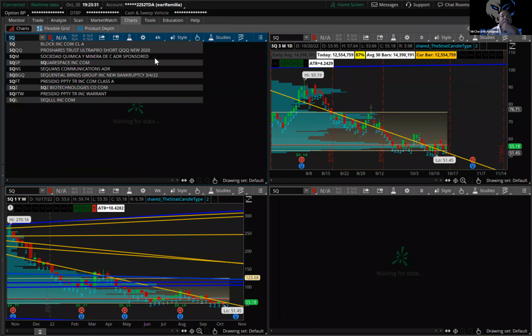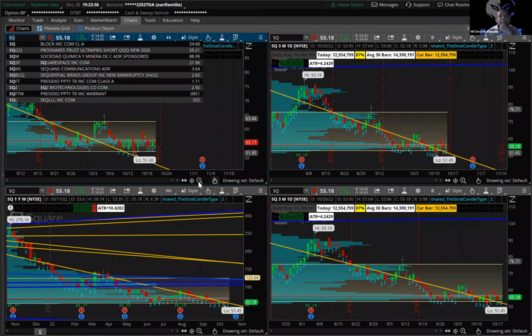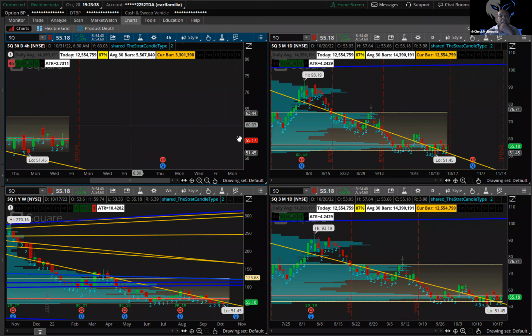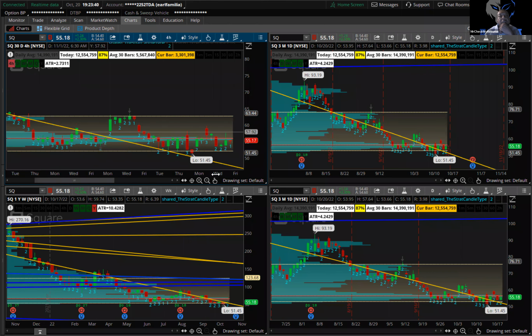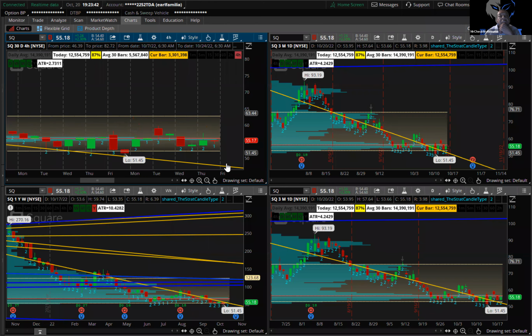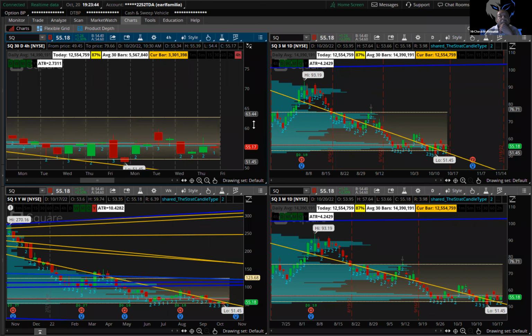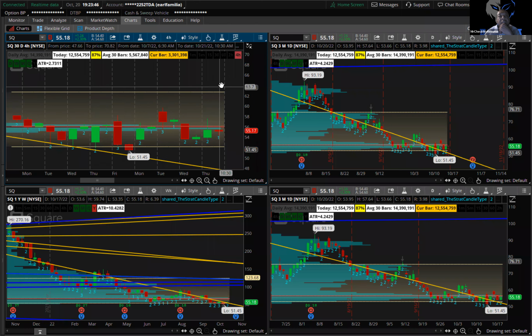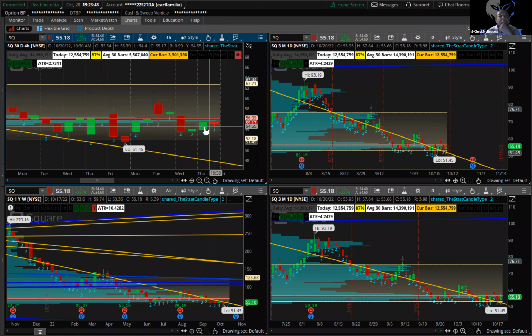We got SQ, Square. These broad formations on Square. Looks like I guess it's a bullish continuation. We got a 212 here on the 4-hour. That's above 55.39. We got point of control at 56.09.